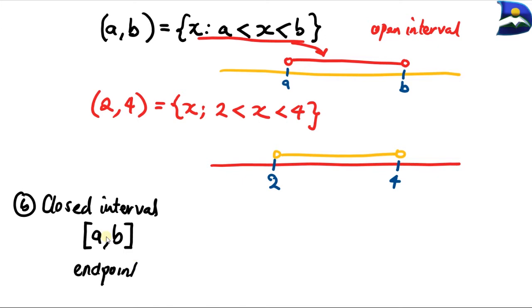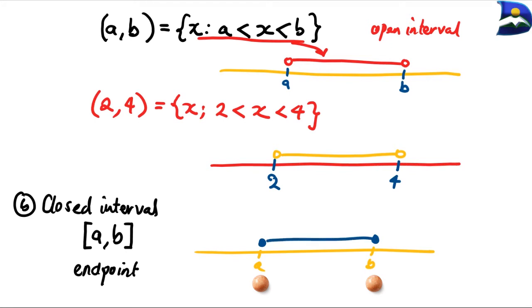And this endpoint, as shown in our number line, implies that we have a number line where this is a and here is b, and therefore from this a, which is included, to b, which is included, all these numbers hold.